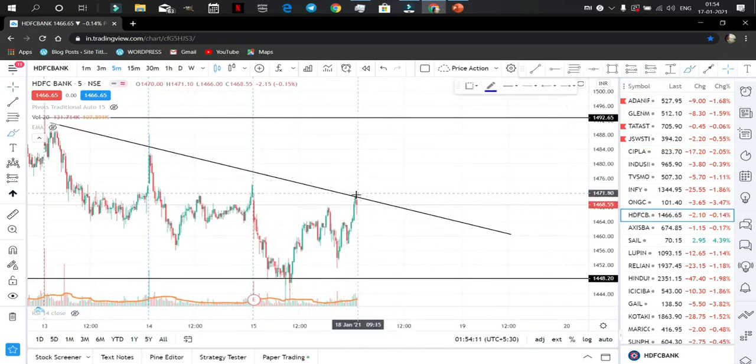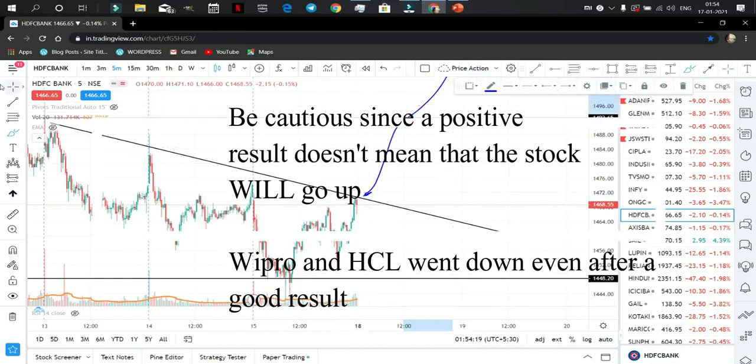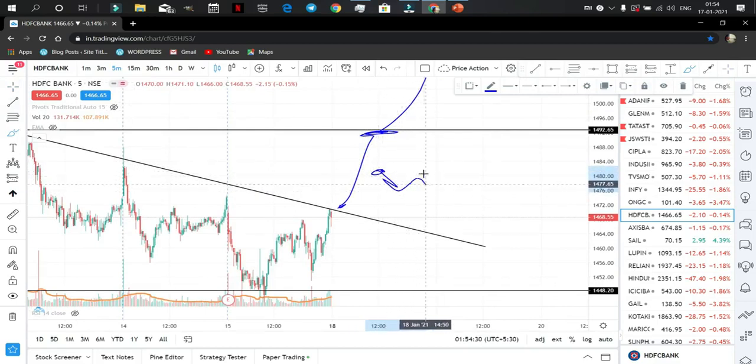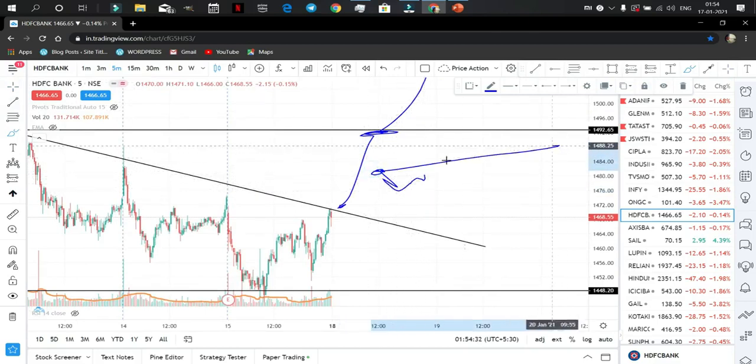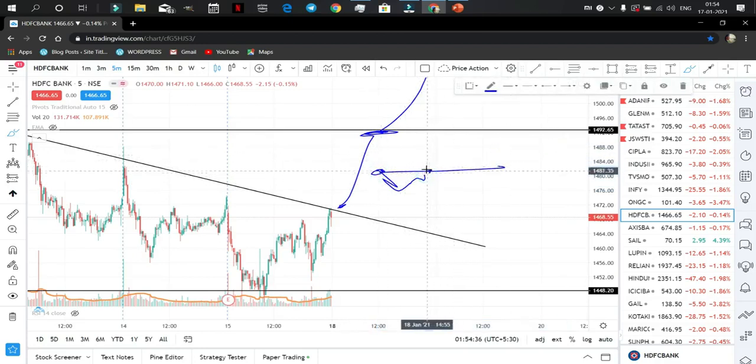So if the stock opens flat, then you can take a long trade in HDFC Bank, with this being the first target, and you can offload 50% of your position or something. But if the stock opens with a really big gap around this point, then there might be some profit booking. It will form some sort of range, and when it breaks out of this range, you can take a long position over this point.